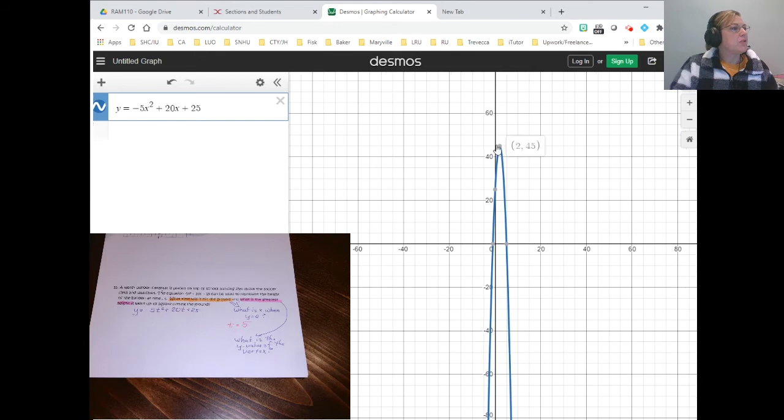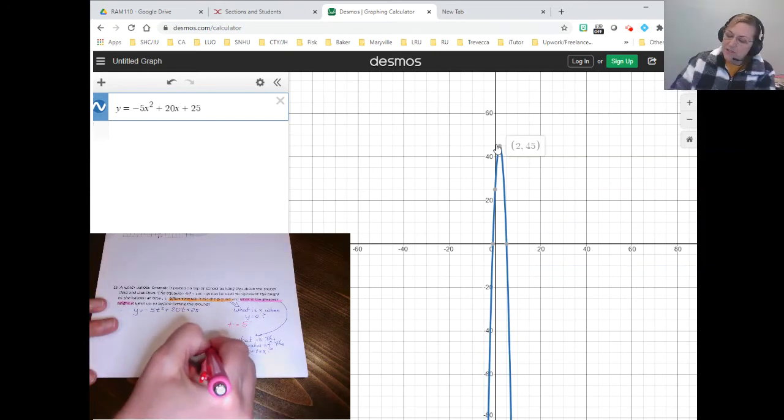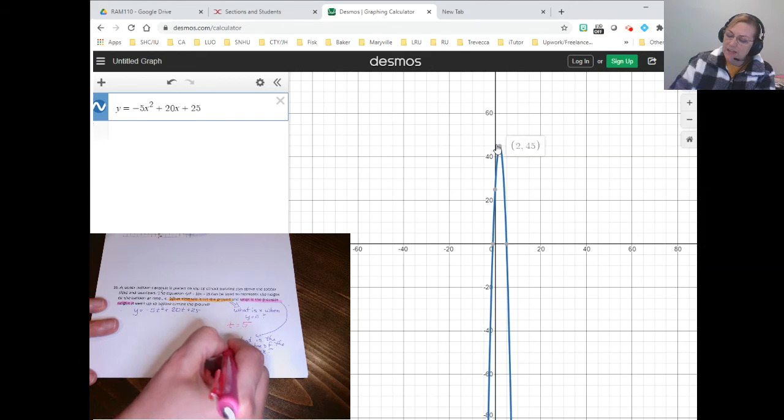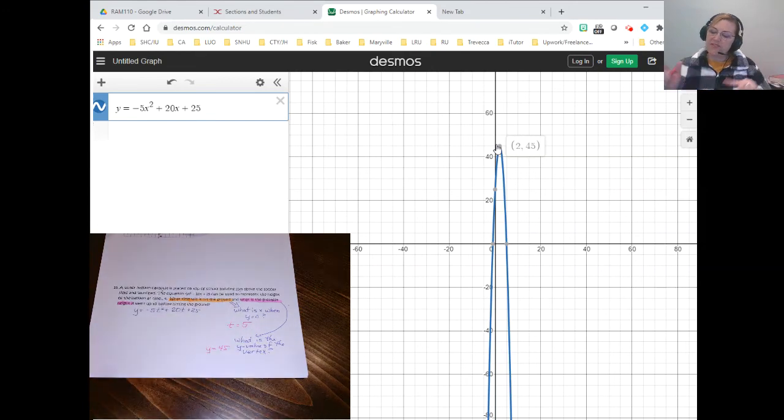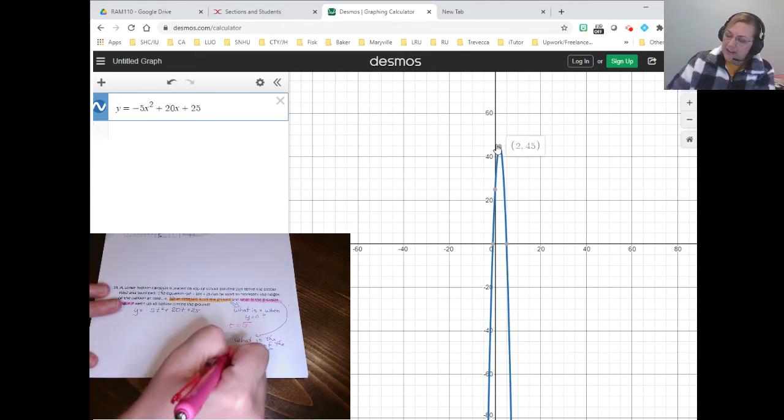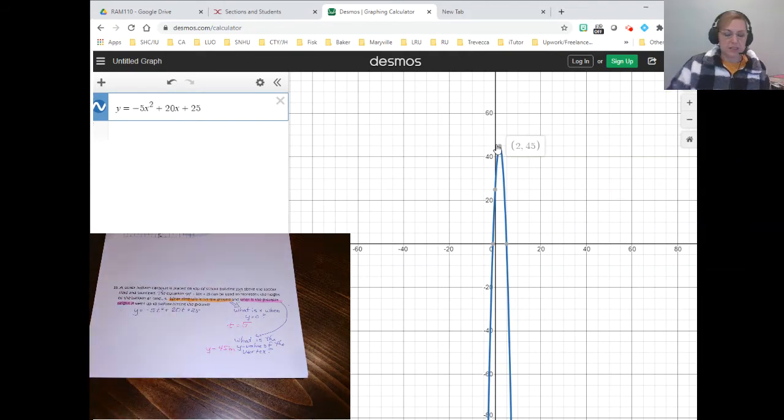You just want to hover over it. Do you see the y value there? The y value of the vertex is 45. That answers our second question here, that it is 45 meters, in fact. And I know it's meters because they told me it originally started at 25 meters.